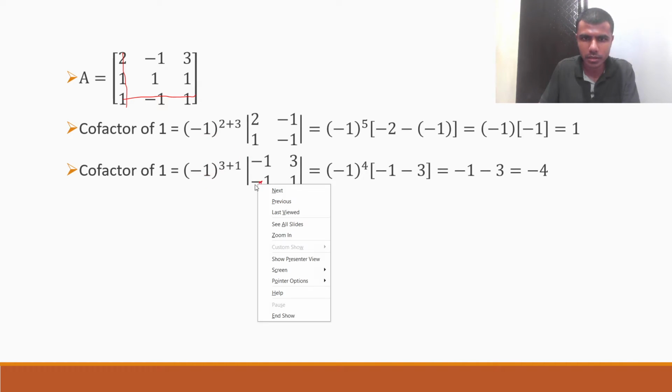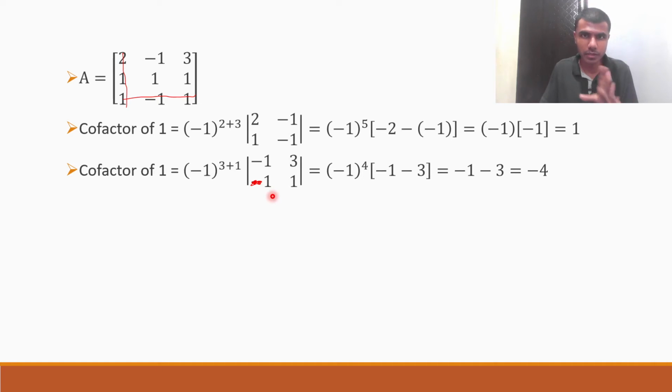This minus 1 is not there. So minus 1 into 1 is minus 1, minus 1 3s are 3, so fine. Minus 1 to the power even number, you can ignore it. Minus 1 minus 3 is minus 4.